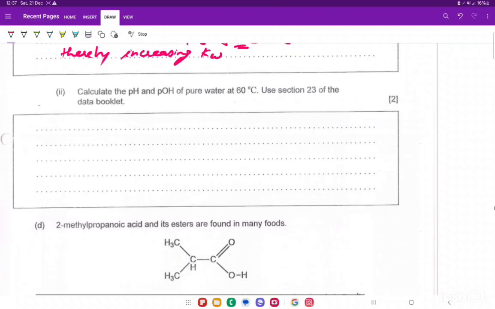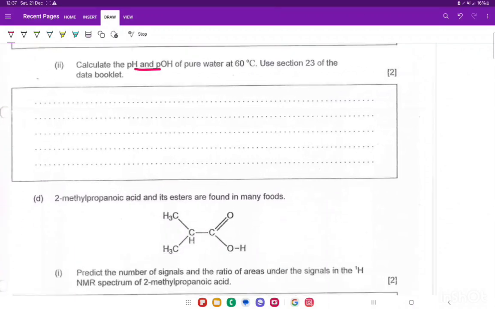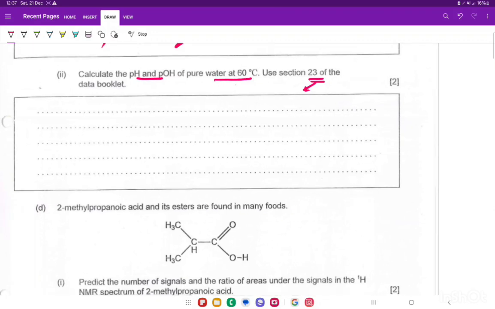Next is, calculate the pH and pOH of pure water at 60 degrees using section 23 of the data booklet. Now section 23 tells that at 60 degrees Celsius, the Kw of water is 9.55 into 10 to the power minus 14.